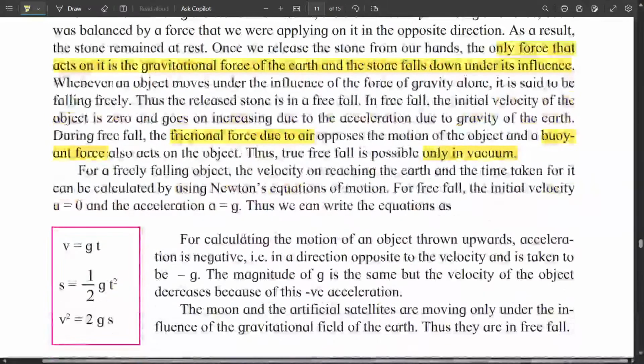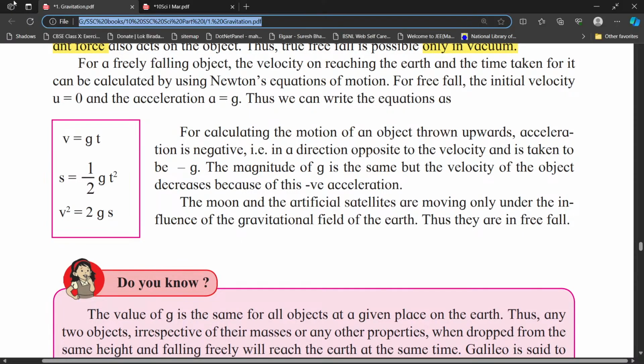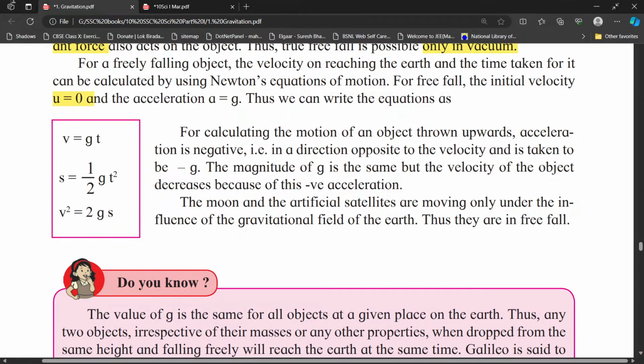For a freely falling object, the velocity on reaching the earth and the time taken for it can be calculated using Newton's equations of motion. For free fall, the initial velocity u is always 0 and the acceleration a is equal to the acceleration due to gravity.